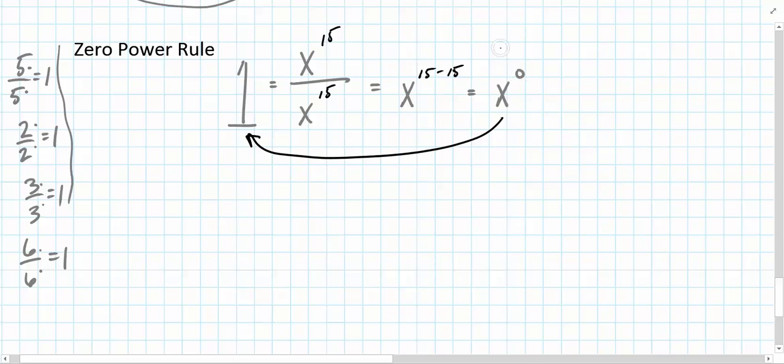End result is 0. It too reduces to 1. So our 0 power rule simply is x to the 0 power is equal to 1. Or better yet, to remain consistent here, let's use the letter a again for our base. The base a raised to the power of 0 will always be equal to 1.